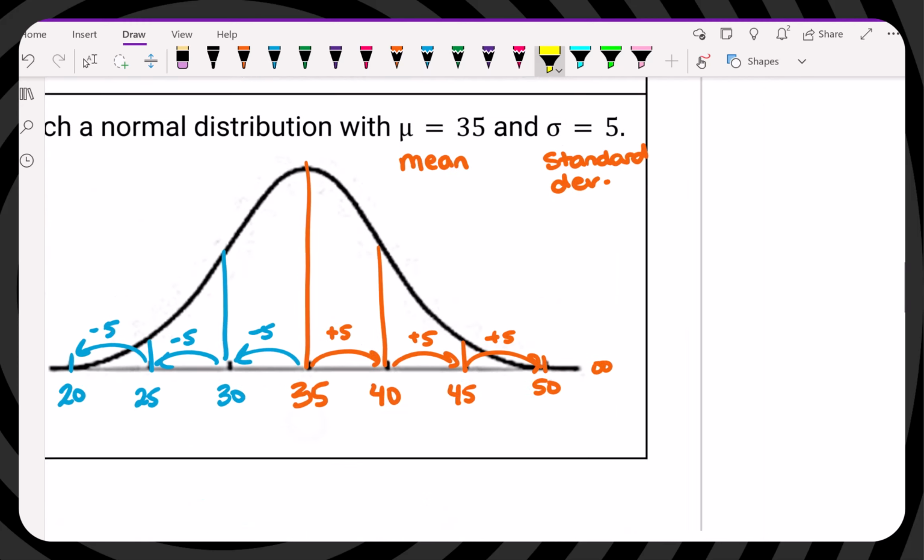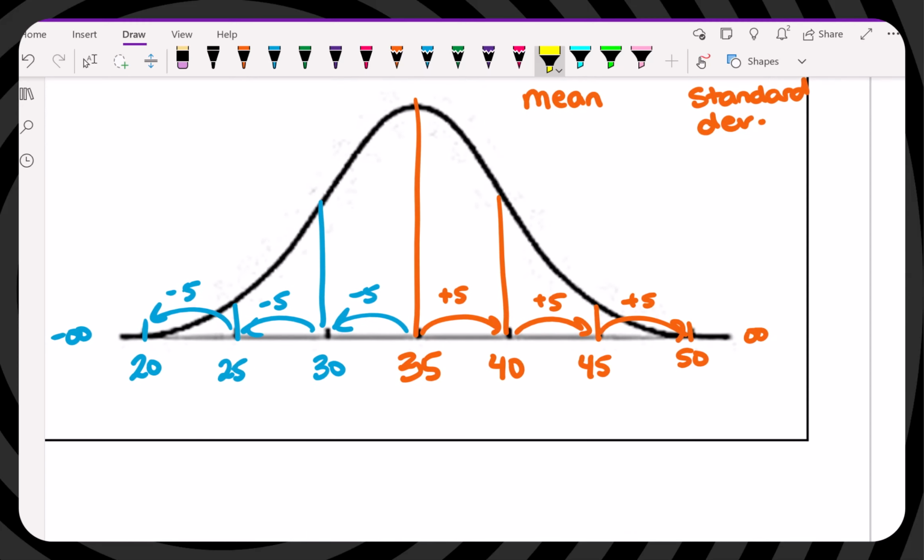So if I go down here and I wanted to highlight that, so this is plus 1 standard deviation, and then this is minus 1. So all of the data that falls between 30 and 40 would be 68% of my whole data set. So the majority of the data is going to be located within 30 and 40 of this particular data set, okay?